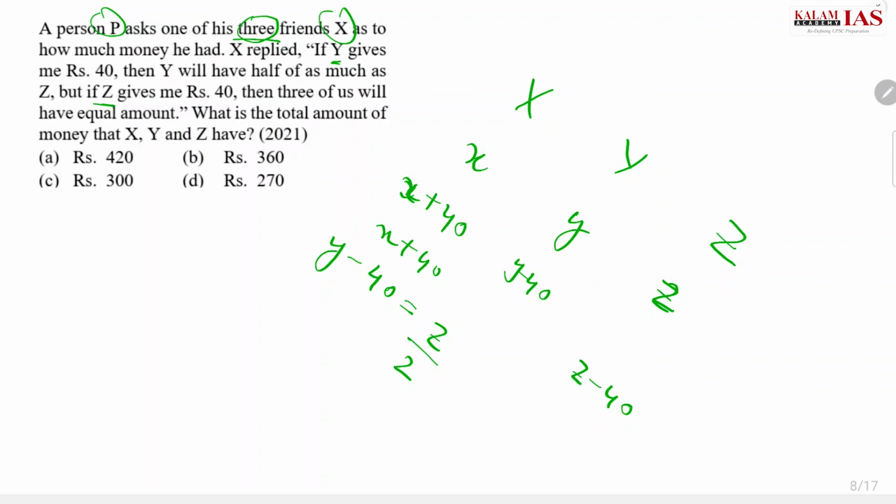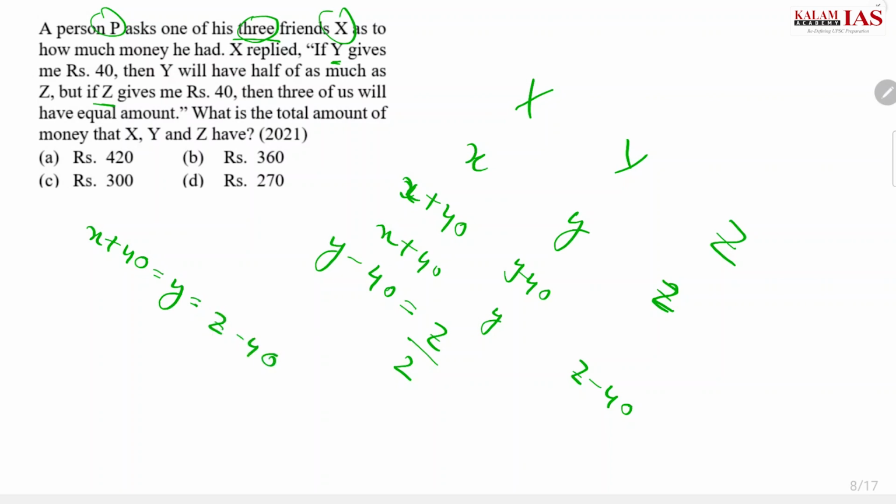Then the three of us will have an equal amount. So when Z is giving 40 rupees to X, all three of them have an equal amount of money. That means X plus 40 equals Y equals Z minus 40.